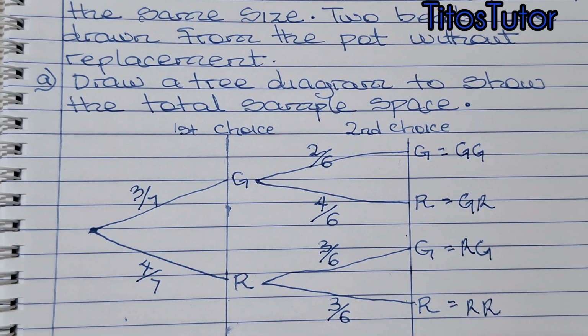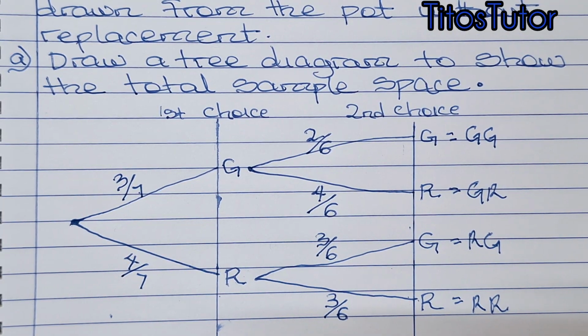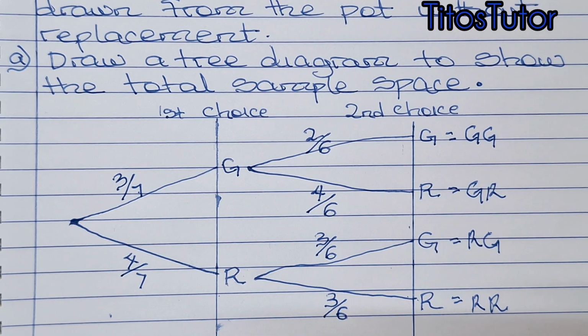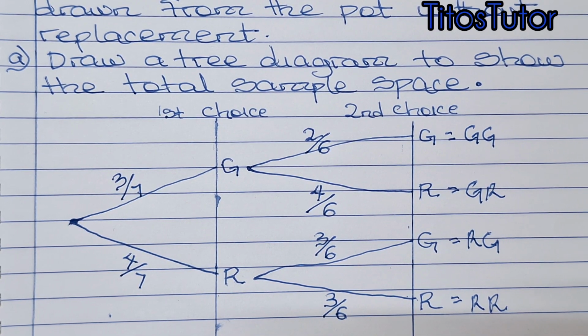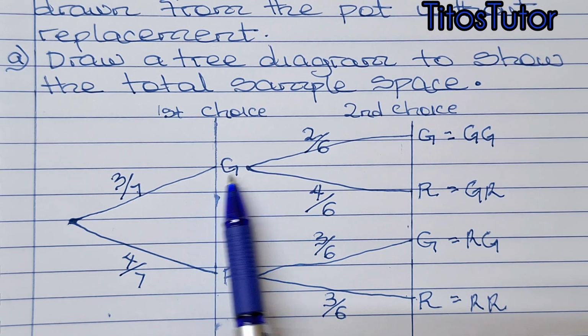Okay, so now we have our tree diagram all drawn. We can use this tree diagram to answer any probability question on this. For example, find the probability that both beads are green. The first one is green, the second one is green. So green, green.